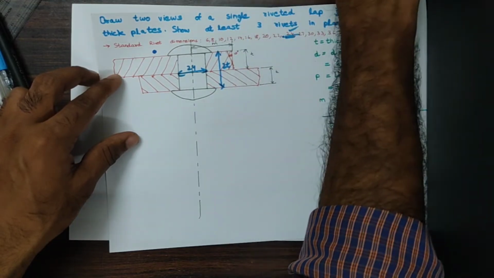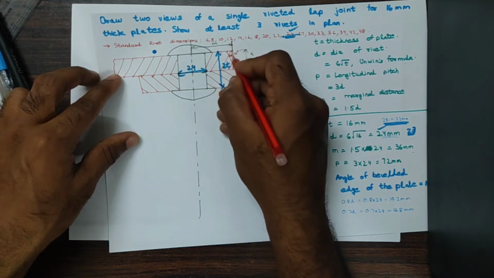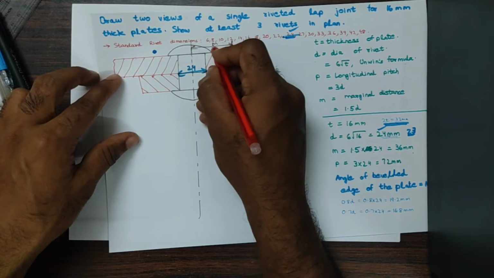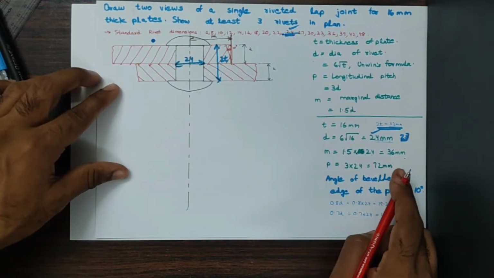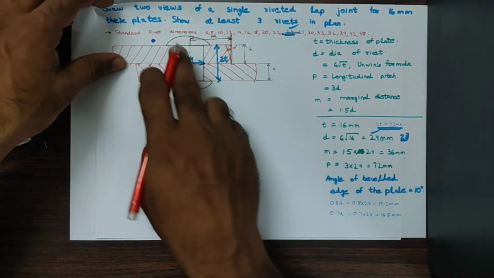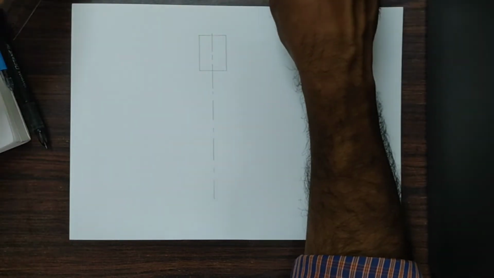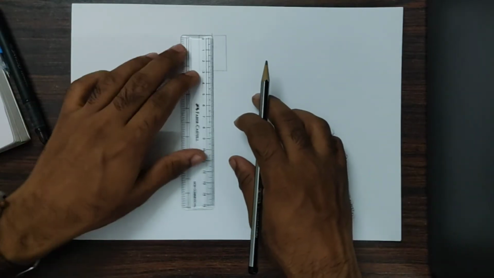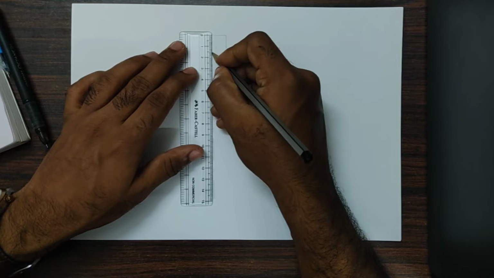Here this is the center of rivet and this is the edge of my plate, and this much distance will be the marginal distance m, and that is 36 mm. So the end of the plate will be located at a distance of 36 mm from the center of rivet. And the thickness of the plate is 16 mm.